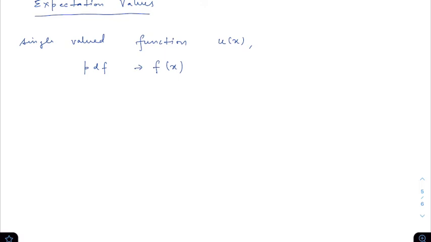It's defined as this integration from minus infinity to infinity of u(x) times f(x) dx. And as we have seen, the probability density function can be related to the cumulative distribution function. So for continuous F(x), this can also be written in terms of the differential of the cumulative distribution function.